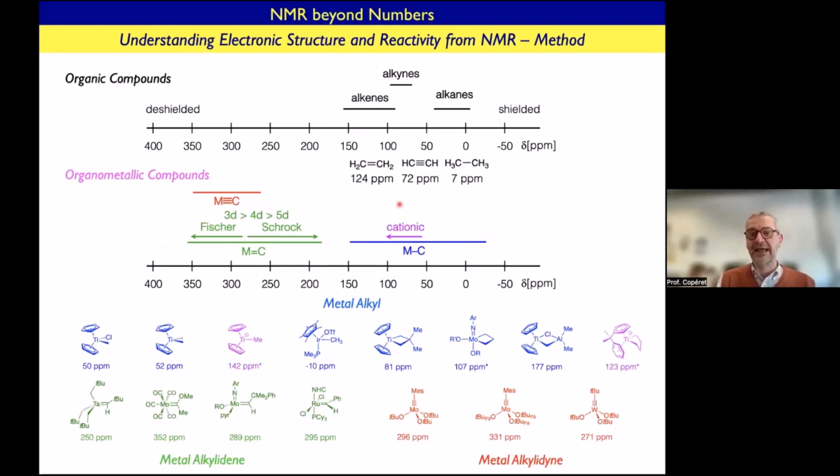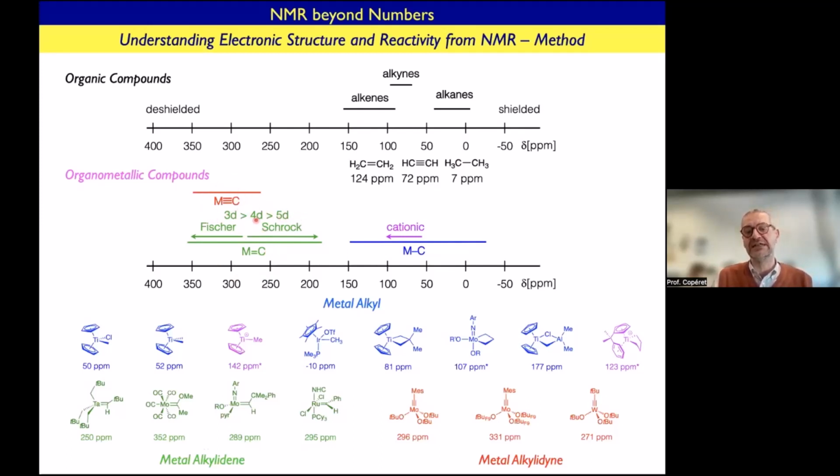You can distinguish a metal bound to an sp3 carbon, or in green a metal doubly bonded to carbon, and then a metal-carbon triple bond.